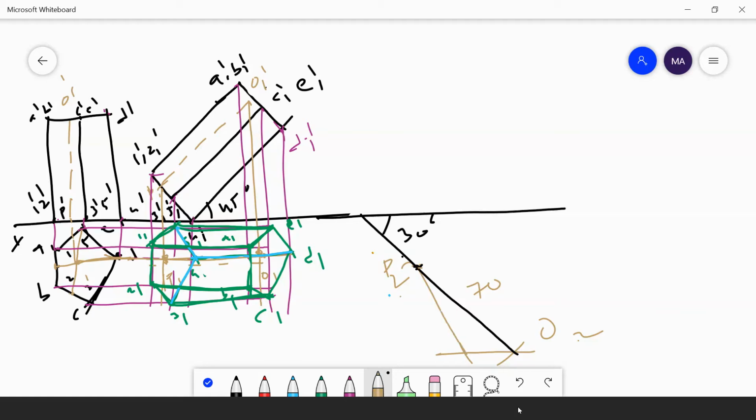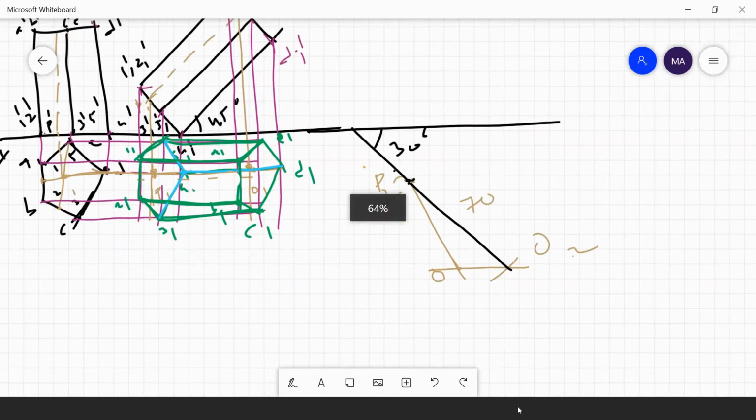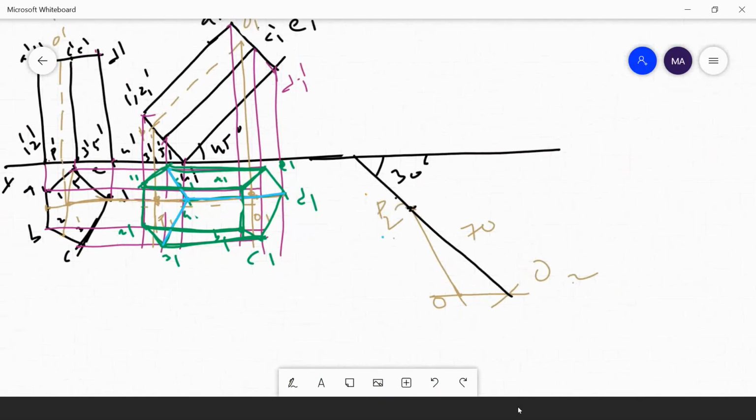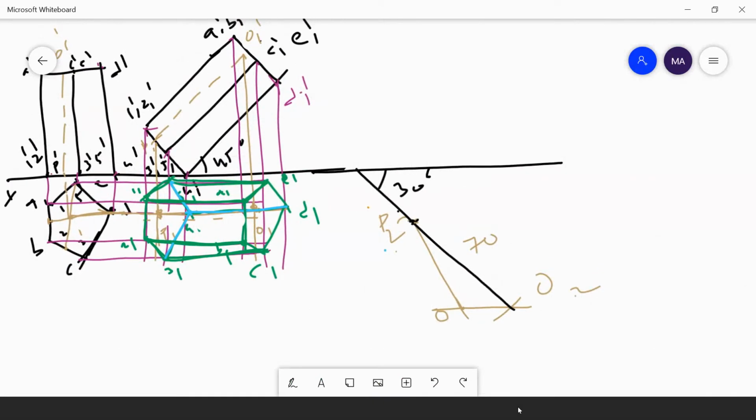Here I will get the O3 point. P2O3 is your top view axis now.